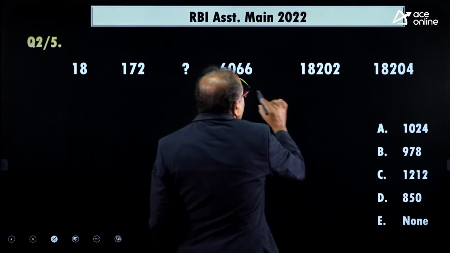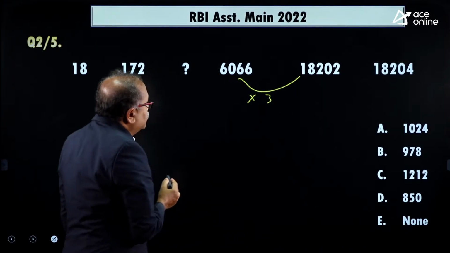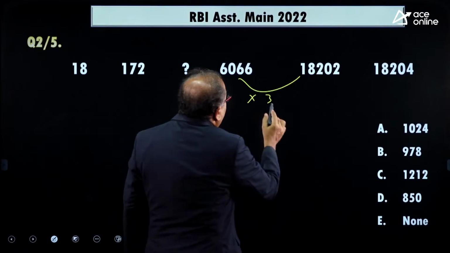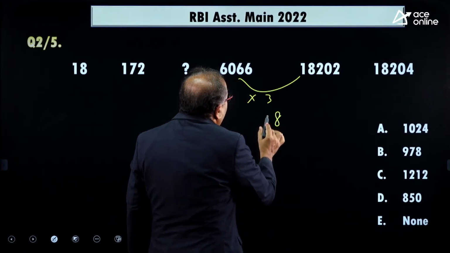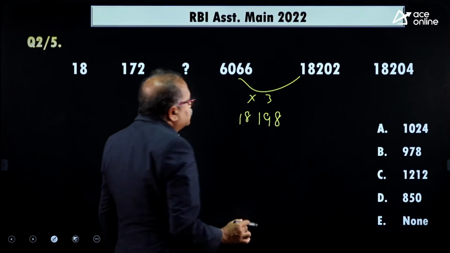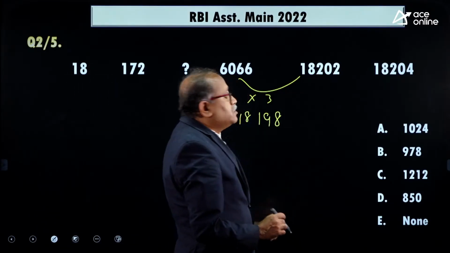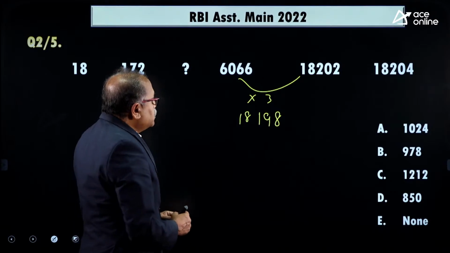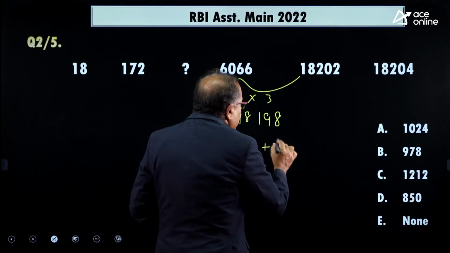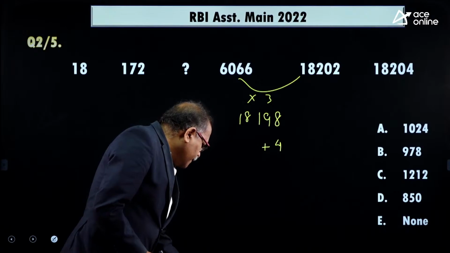Let me check this multiplication. When I multiply this by 3, 3 times 6 is 18, carry 1, 18 plus 1 is 19, and 3 times 6 is 18. That is the number I got. So 198, here 202. That means how much is added? I notice that 4 is added. Is this clue enough for you?